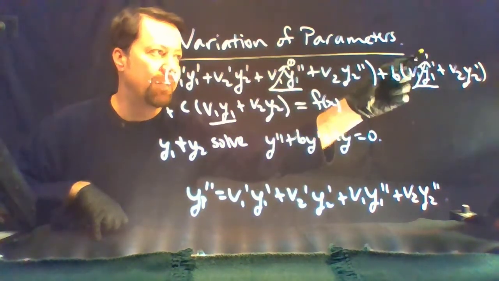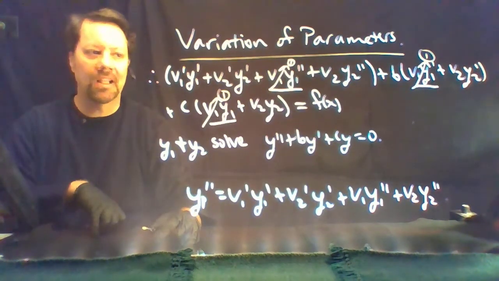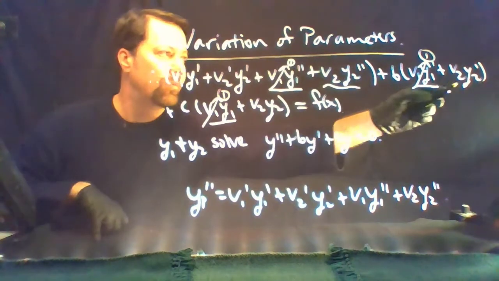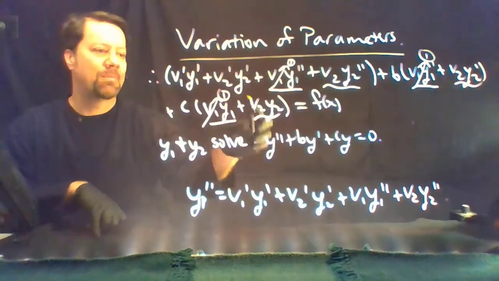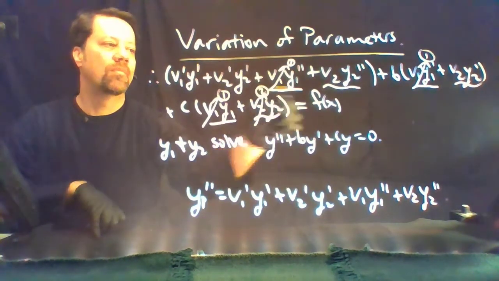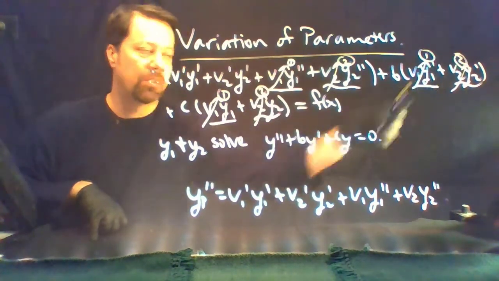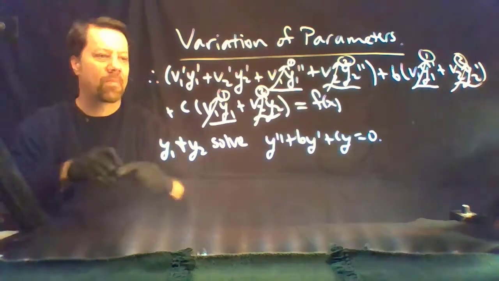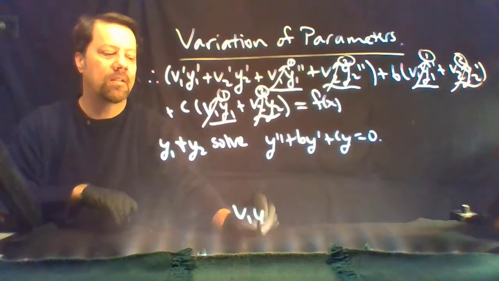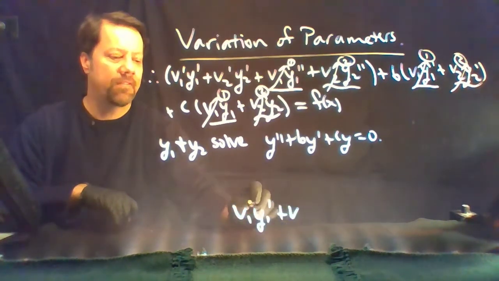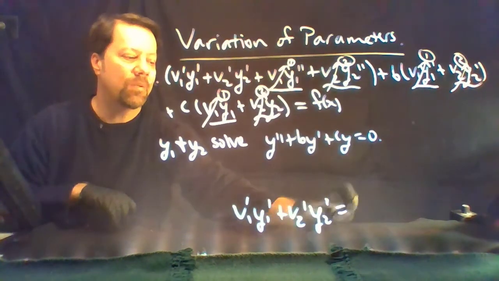They'll go away together first. Similarly, if we look at the terms involving v2, those terms too must add up to 0. Those terms all go away second. It follows then that v1 prime y1 prime plus v2 prime y2 prime equals f of x.